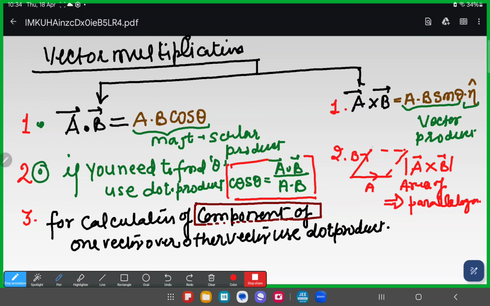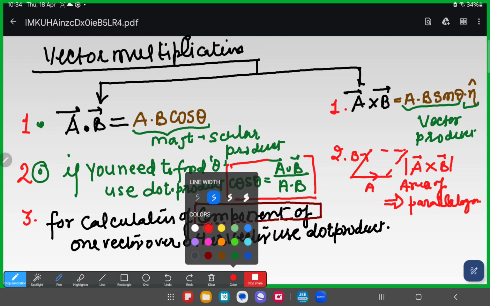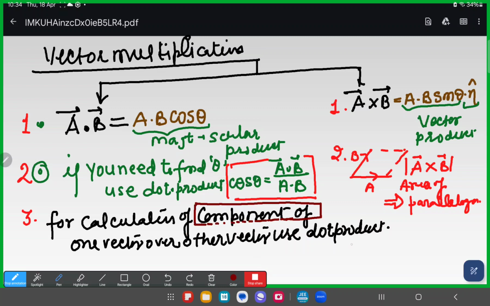This is the geometrical interpretation. And the third point is, direction we can get by the right hand thumb rule. There is a specific direction because it is a vector product, so we can get the direction by using the right hand thumb rule.